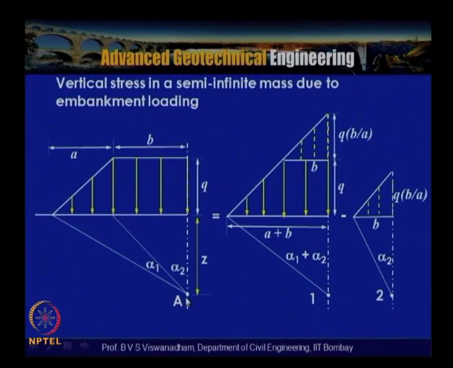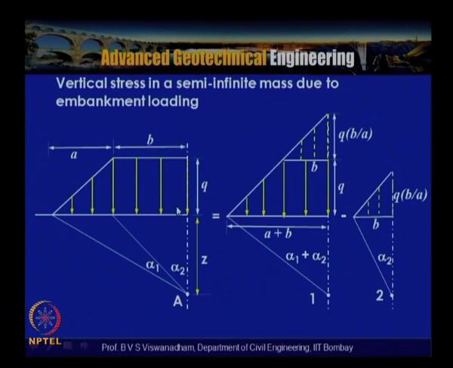So sigma z at point A is equal to sigma z1 minus sigma z2. Here this particular triangle has intensity q into B by A and breadth B. So this triangle has breadth B, and over this breadth B the angle is alpha 2, so this is the alpha 2 angle.